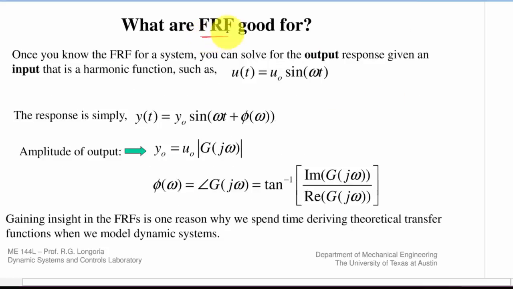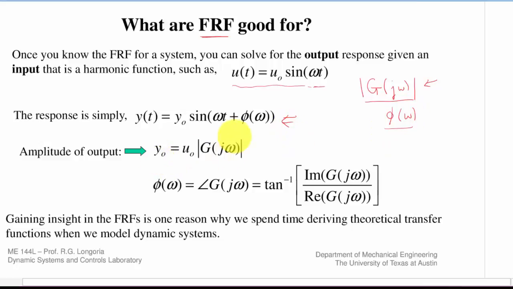what are these frequency response functions good for? Well, if we have a frequency response function, say G of j omega, both the magnitude and the phase, and remember the phase is also going to be a function of omega, then we can easily get that response. All I need to know is this amplitude ratio and the phase. Why?